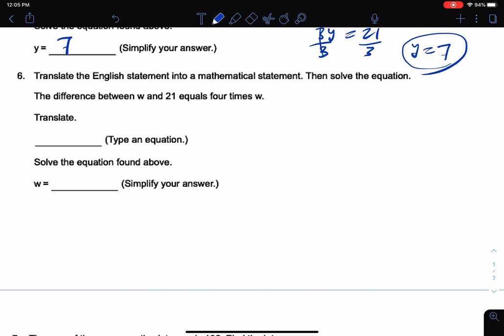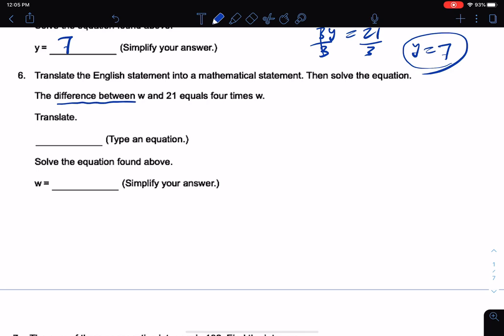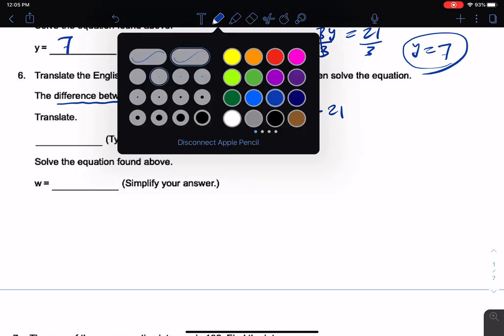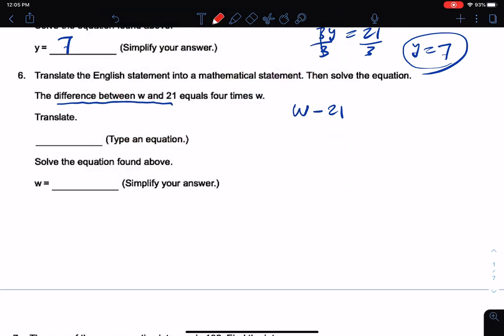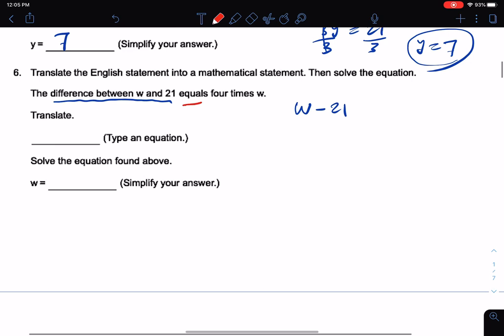So if it says the difference between W and 21, it wants to know the difference, which is subtraction. So W minus 21. Okay. And it says that it equals 4 times W.